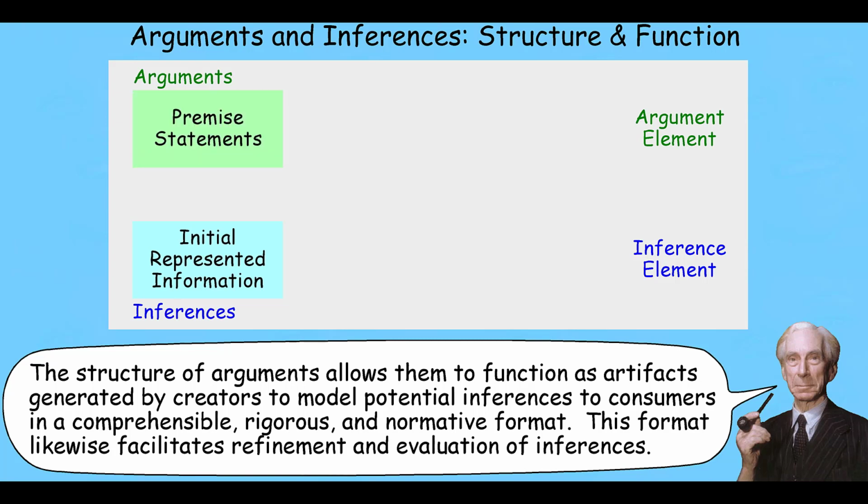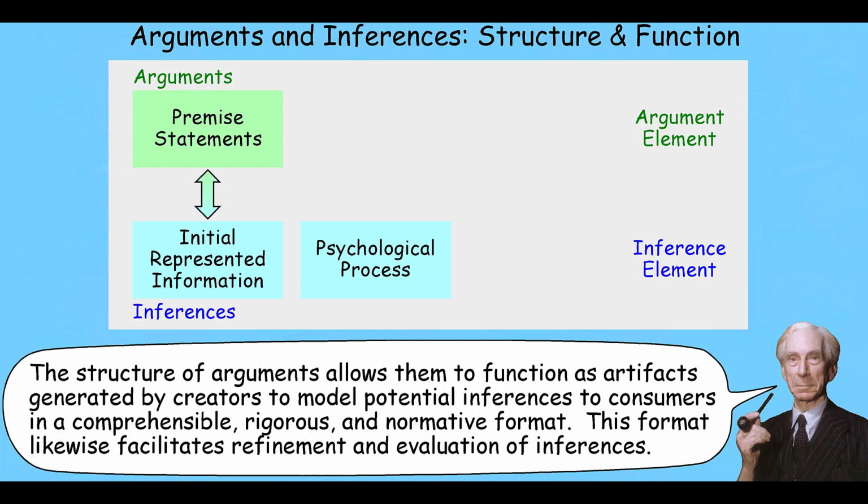In our argument, it's statements that comprise the premises of that argument, so that they correspond in a one-to-one way with the initial represented information in that dynamic psychological process. With inferences, that initial represented information then gets transformed by that dynamic psychological process.